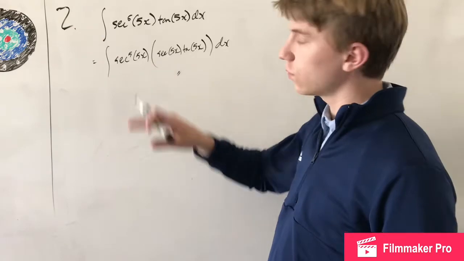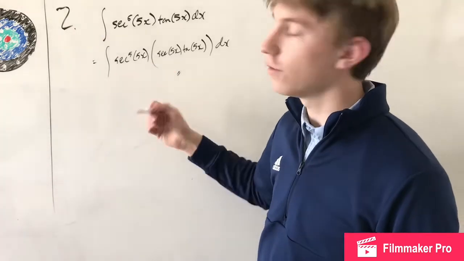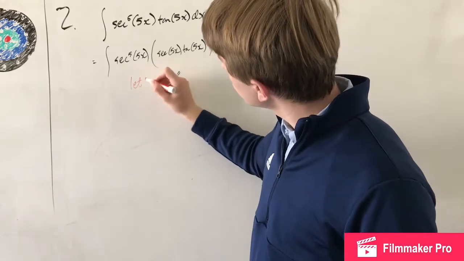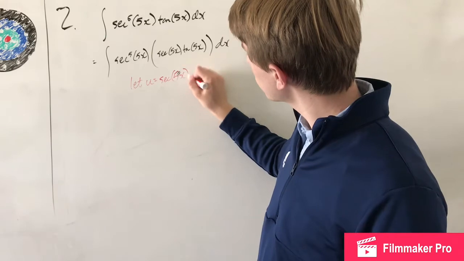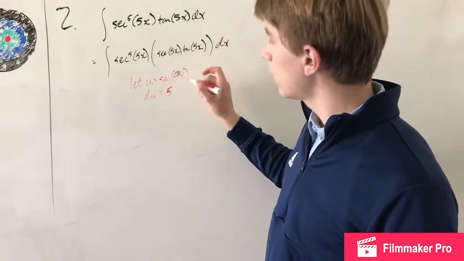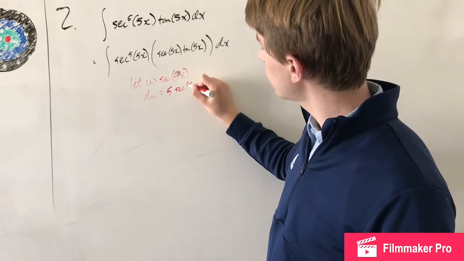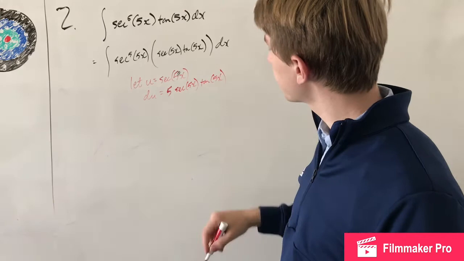So now we can do one u sub for secant of 5x. Let u equal secant of 5x. So du is going to be equal to 5 times secant 5x tangent 5x.